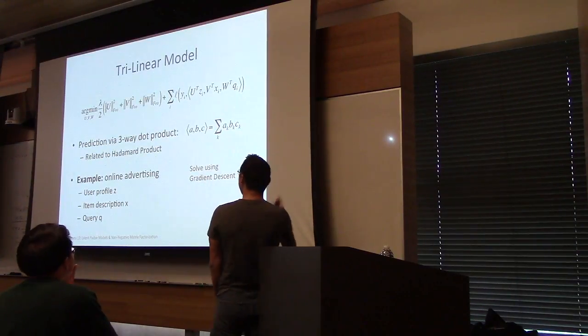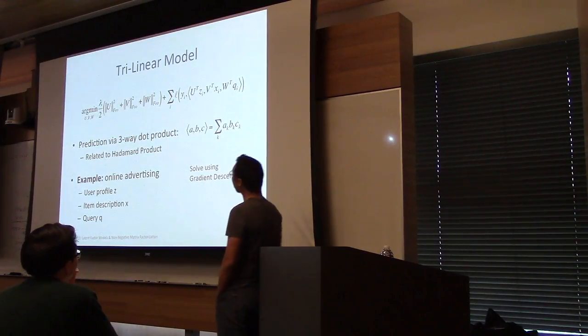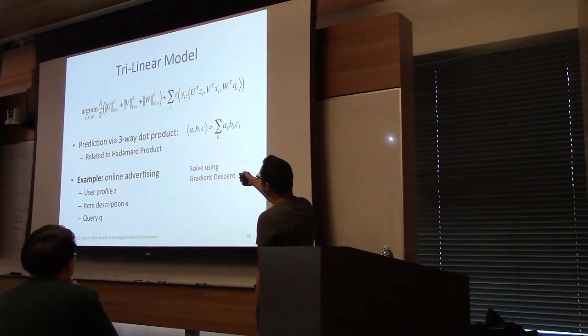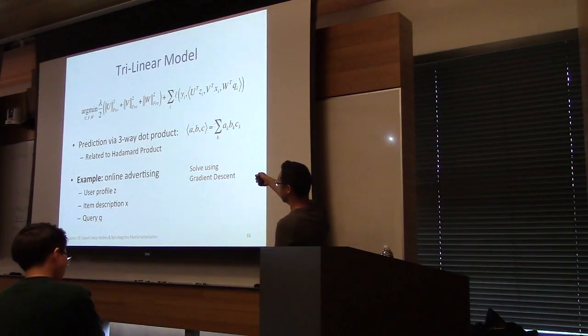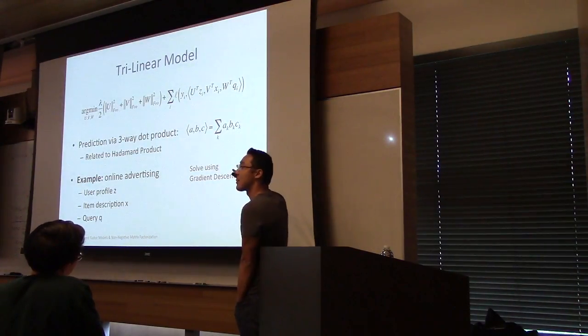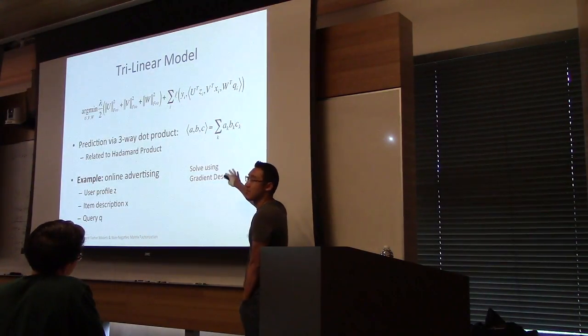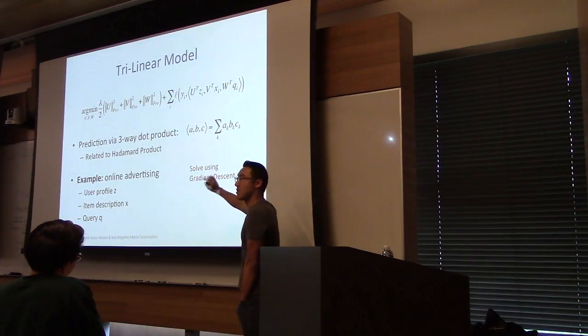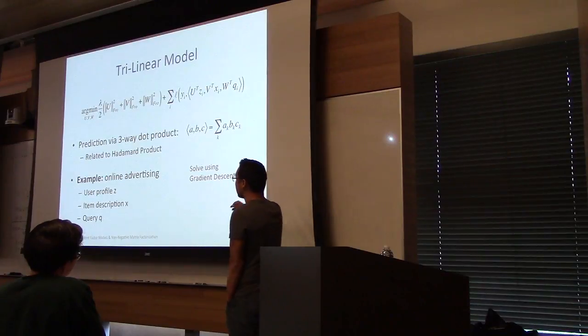So instead of bilinear models, you can do trilinear models, where the rating y that you collect is now a three-way dot product instead of a two-way dot product. This is not the only way to do a tensor latent factor model. This is just one way, probably the most straightforward way to extend a standard latent factor model.